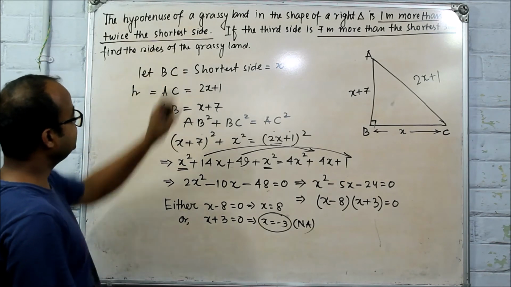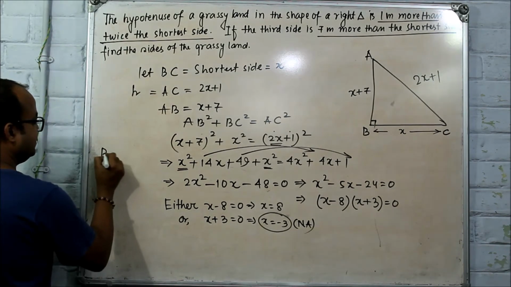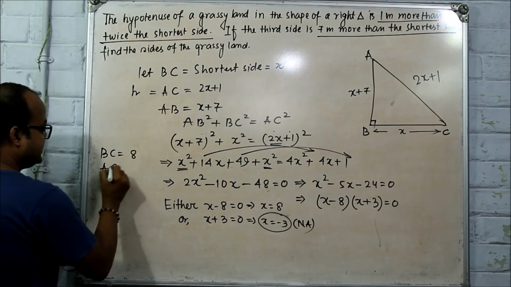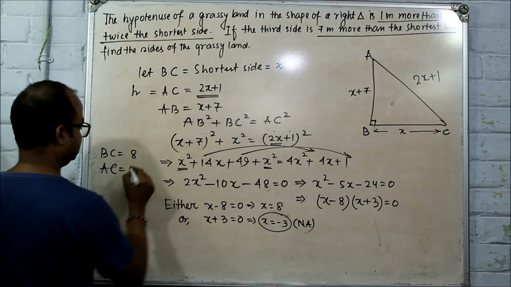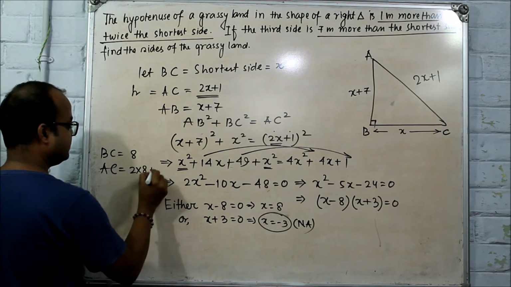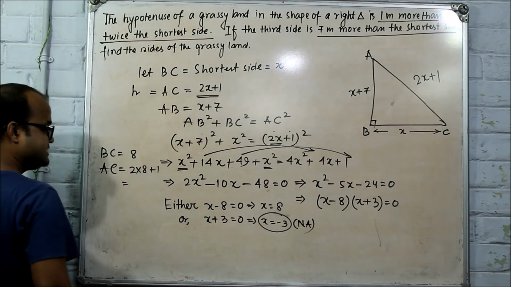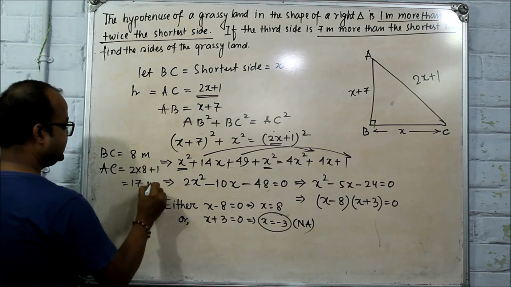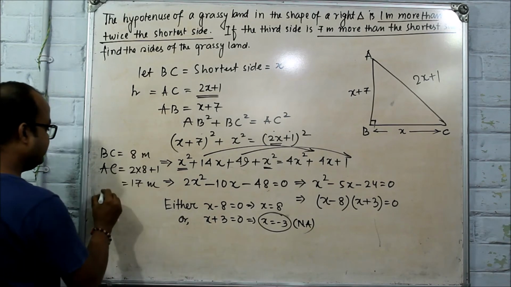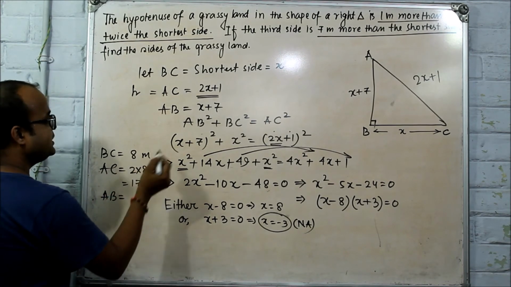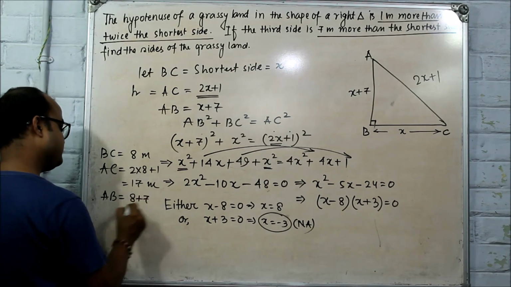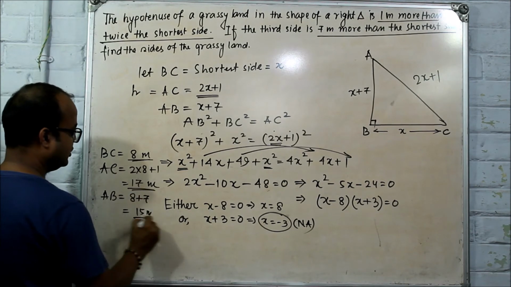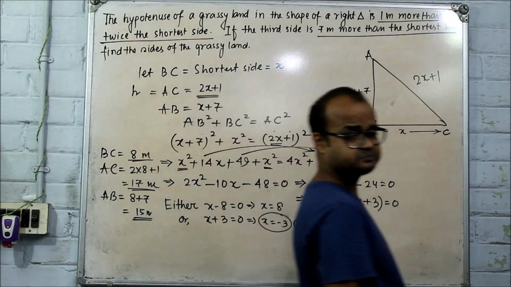So the sides of the grassy land: BC is equal to x, that is 8, hypotenuse AC is equal to 2x plus 1, that is 2 into 8 plus 1, 16 plus 1, 17. All units are in meters, so we write meter. And AB is equal to x plus 7, that is 8 plus 7, 15 meters. So we get the dimension or length of each side.